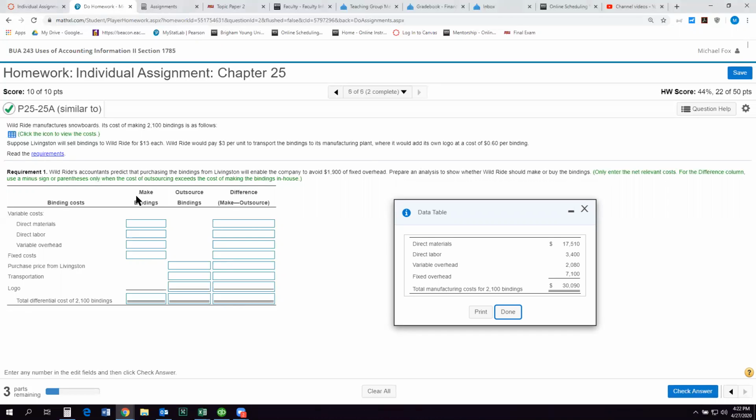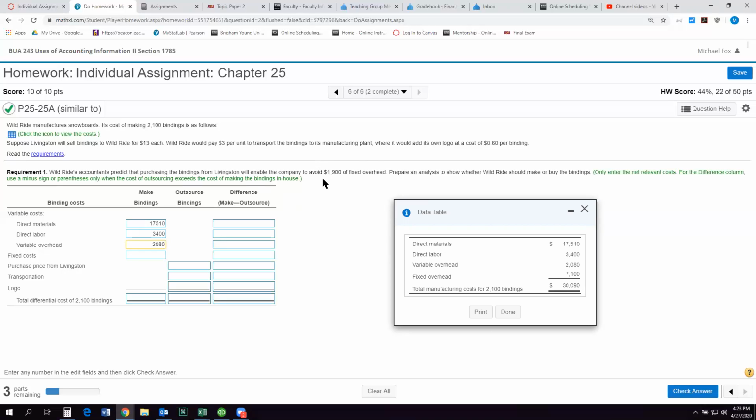So the costs of making the bindings are given right here to us. Direct materials are $17,510. Direct labor is $3,400. Variable overhead is $2,080. And then the fixed costs, we're only going to deal with the relevant costs here. So even though there's a fixed overhead of $7,100, it says they'll avoid $1,900 of that fixed overhead if they make the purchases.